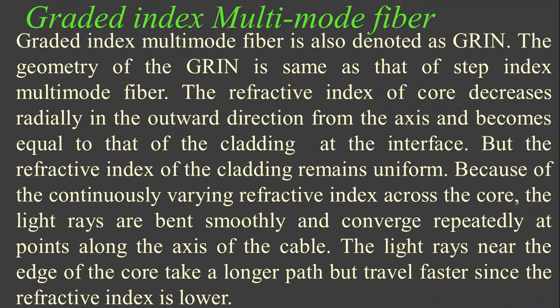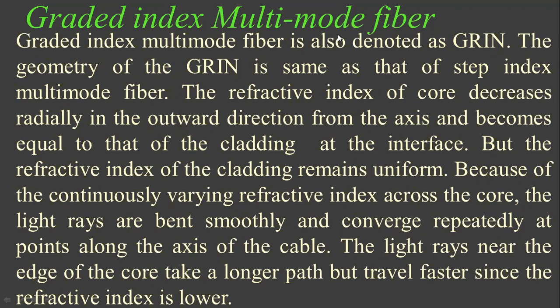Next, we will move to the graded index multimode fiber. As I have already explained in the diagram, graded index multimode fiber is also denoted as GRIN. This is simply called a GRIN, graded index multimode fiber.